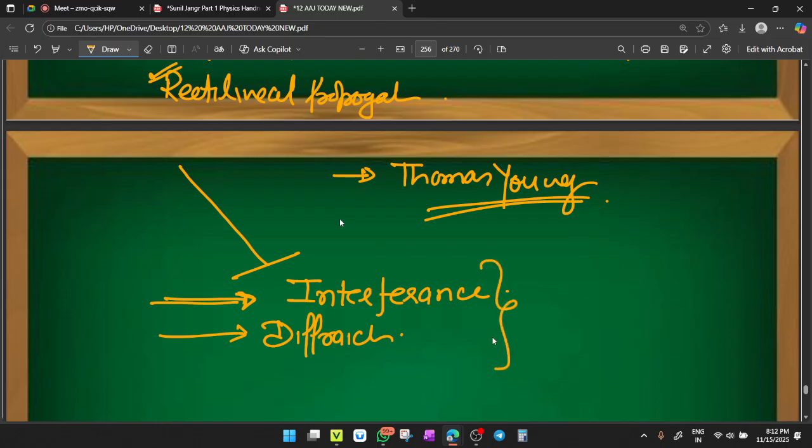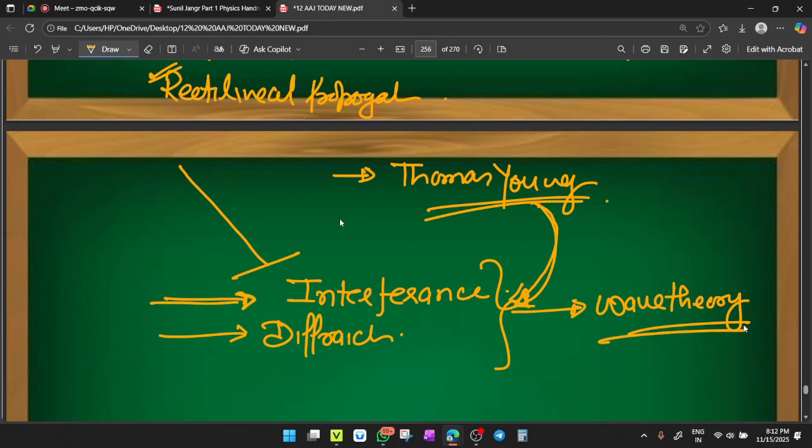So these two phenomena, the young scientist Young performed, and he carried them out with the help of wave theory.